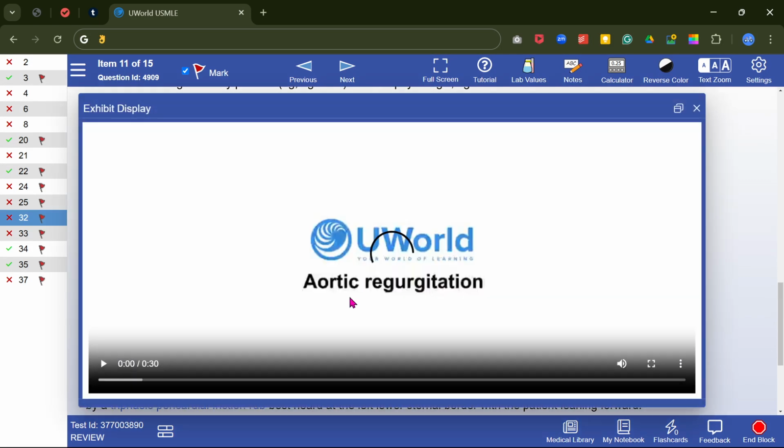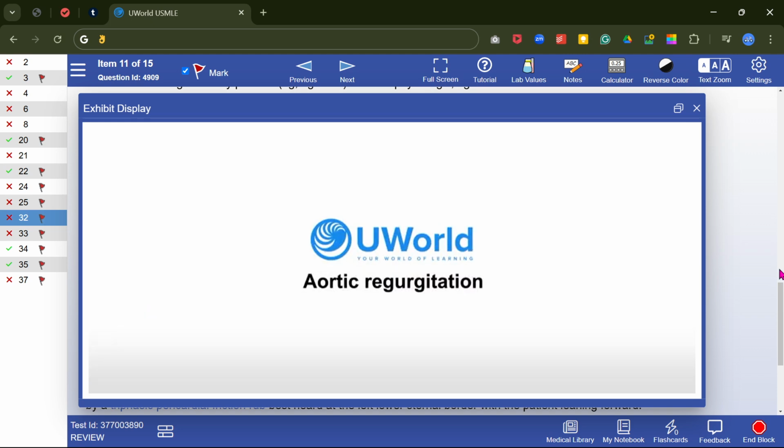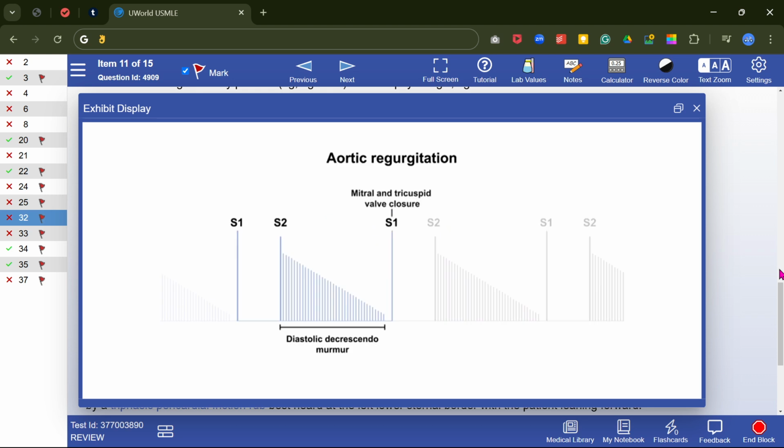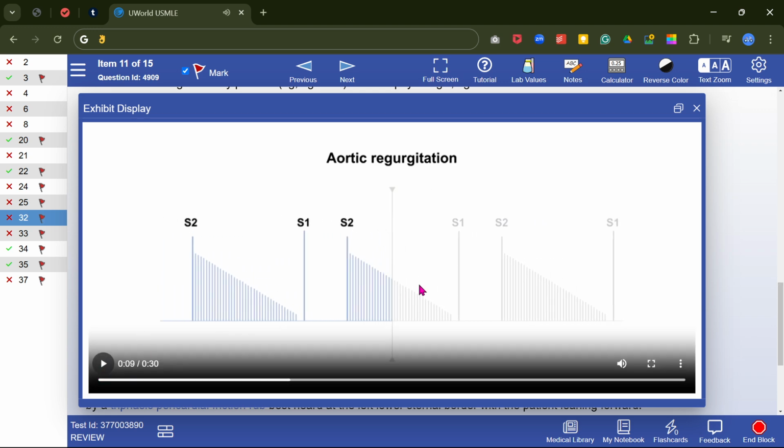Okay, this is aortic regurgitation. Aortic regurgitation has two types of markers actually. Root dilatation marker, which is aortic root dilatation, happens in Marfan syndrome. The area is the aortic area, and the murmur is heard in the third intercostal space, left mid sternal area.